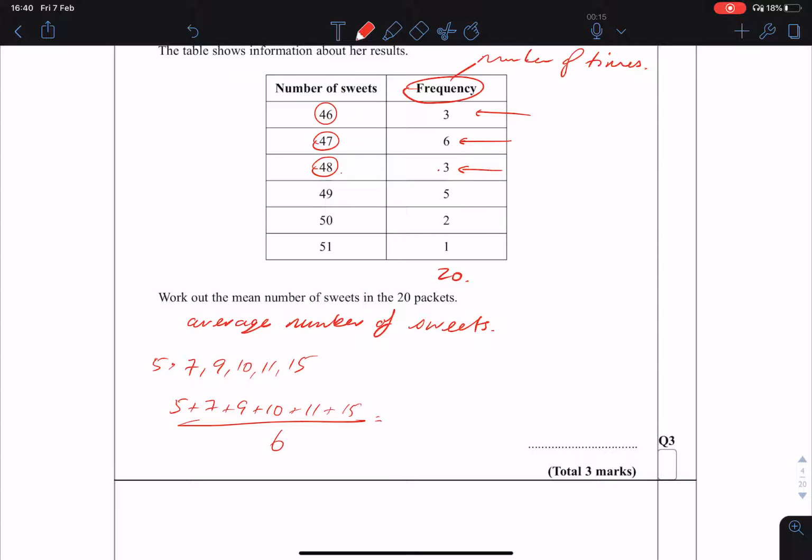So again, on my calculator, that is 5 plus 7 plus 9 plus 10 plus 11 plus 15 over 6 equals 9.5. And I've just done that on my calculator.